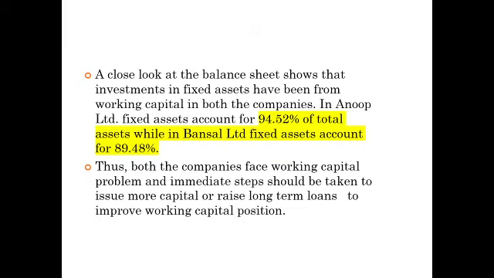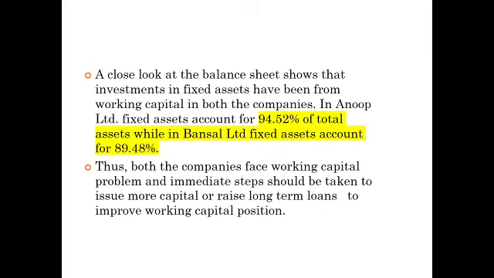And finally the fixed assets, you can see that in Anup Limited the fixed asset accounts for 94%, but in the case of Bansal Limited it is only 89 percentage. So it shows that actually they made some investment in current asset also.